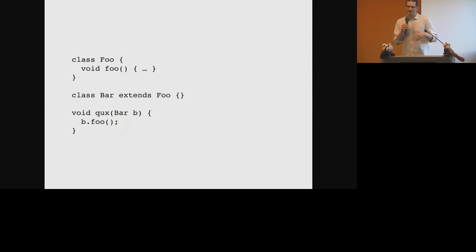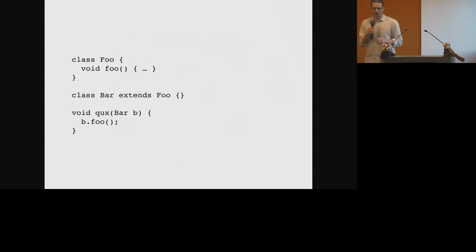So here's an example of something you might expect to do in Java. This is really obvious. You've got a class Foo, and a class Bar which inherits from Foo, and part of that inheritance is that it inherits the methods that are part of Foo.